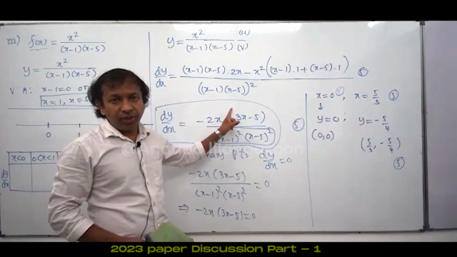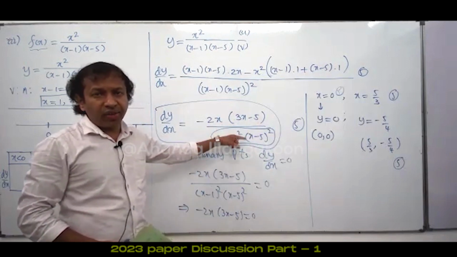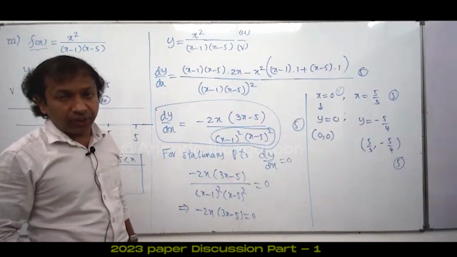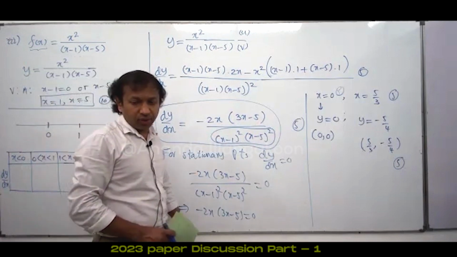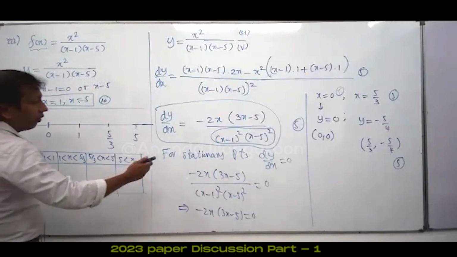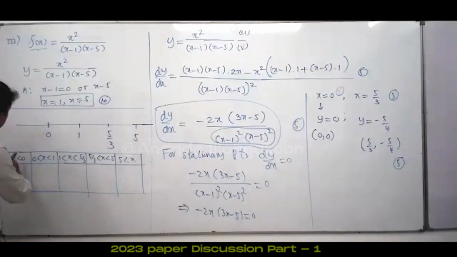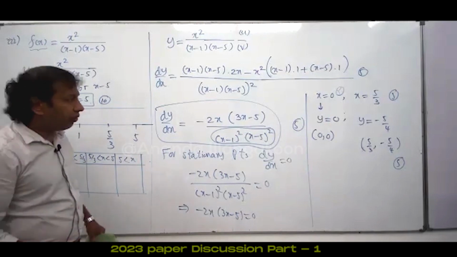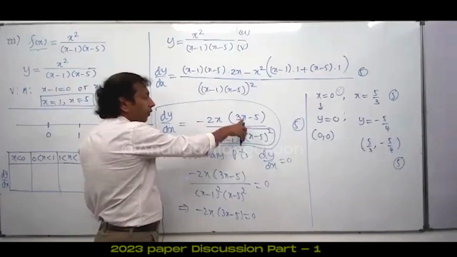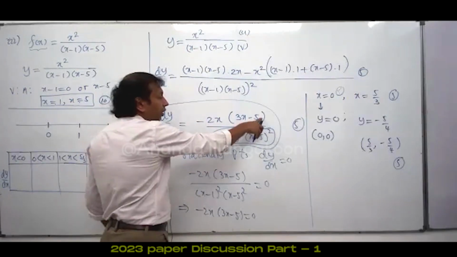Here, remember, we find only the sign of dy by dx, not its exact value. Understand? We need whether it is plus or minus. That's all we are supposed to find. When you put, people, suppose x less than 0, like x equals minus 1, here put minus 1: minus 2, minus 1, this is plus. Here put minus 1: minus 3, minus 5, it is minus.